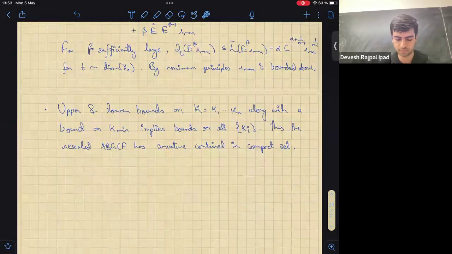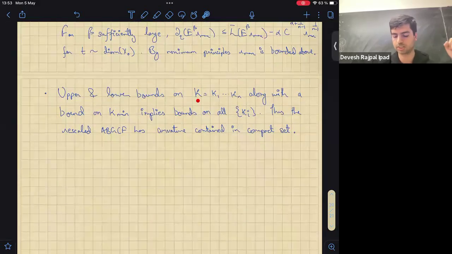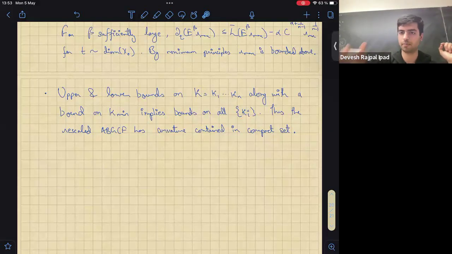So we have bounded the speed from above, from below, and we have also bounded one of the curvature quantities, kappa min, from below. This will imply bounds on all of the kappa_i's. Using upper and lower bounds, you can also bound kappa max now, which implies that these curvatures for the rescaled flow live in a compact set.